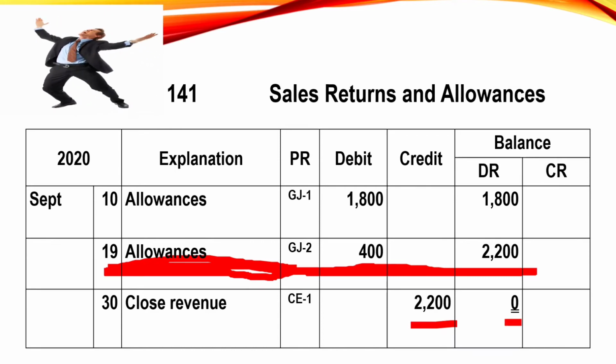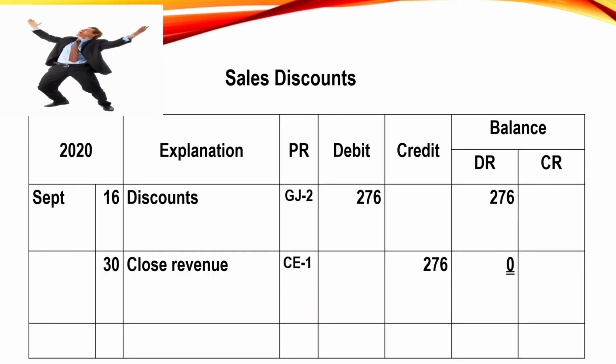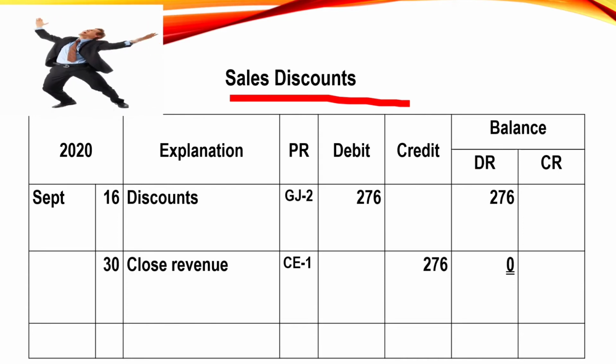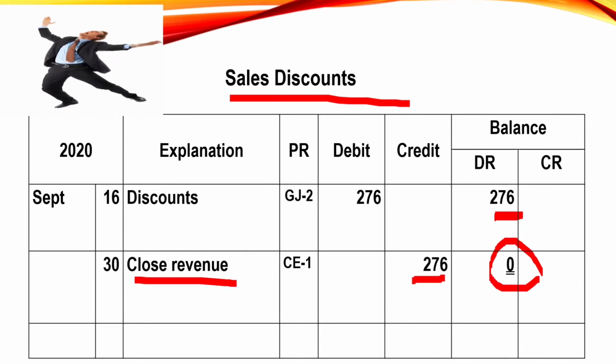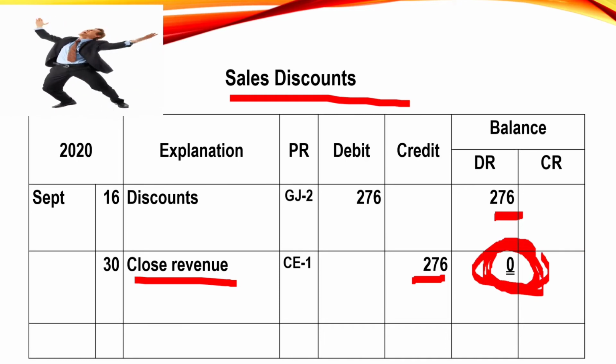So, don't forget the double-entry rule. Same here, sales discount. Its normal balance is debit, so we bring it to 0. We credit 276, a total of 0. If you don't see 0 in your ledger, it means wrong. You cannot move on yet. Okay?